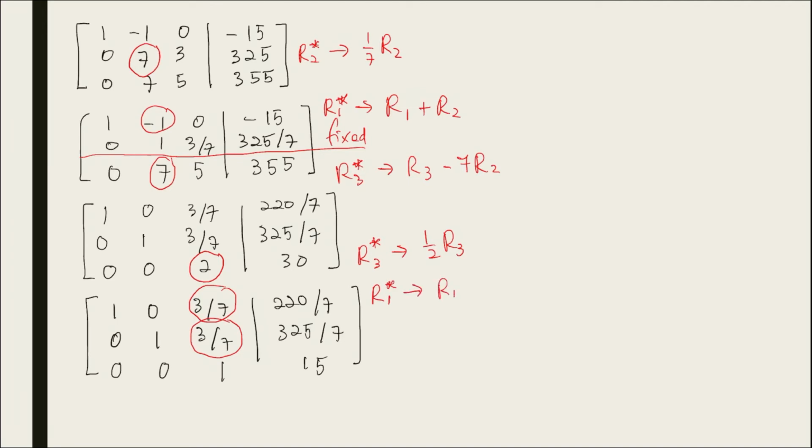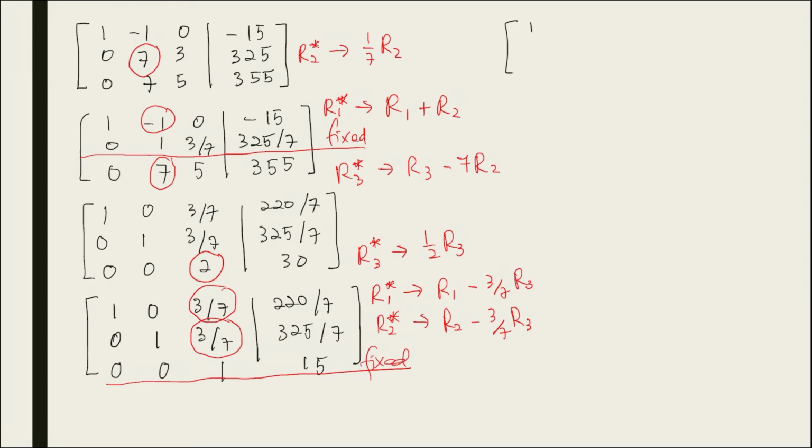Row 1 is row 1 minus 3 per 7 times row 3. It must be the same number for it to become 0, right? So for row 2, the same operation: row 2 minus 3 per 7 row 3. And we fix this row.